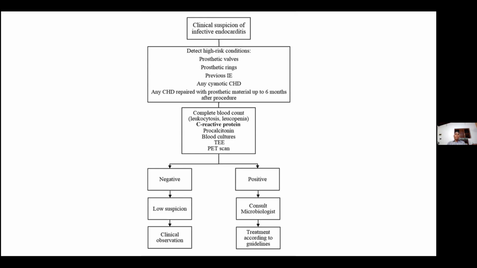So if these are negative, you should have a low suspicion, and then you observe them, but you should have a low suspicion all the time. After cultures, you can give antibiotics, and then depending on the culture, you can manage. But if it is positive, contact your microbiologist in your center, and they will tell you what exact management options are.